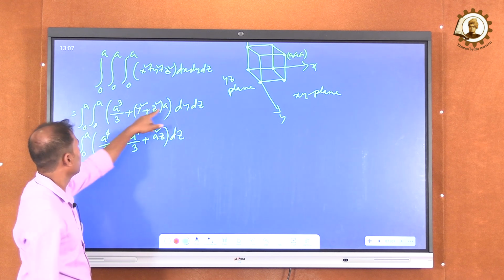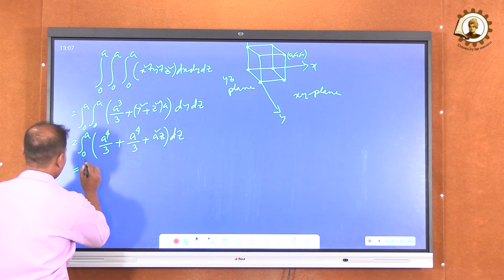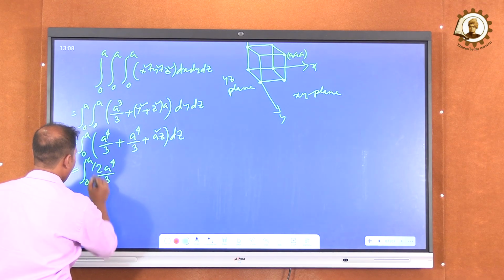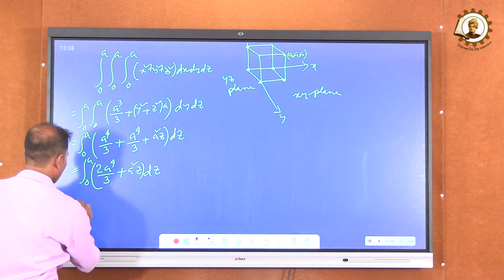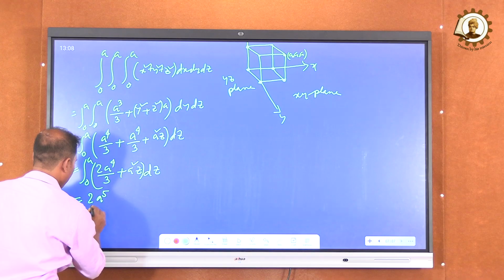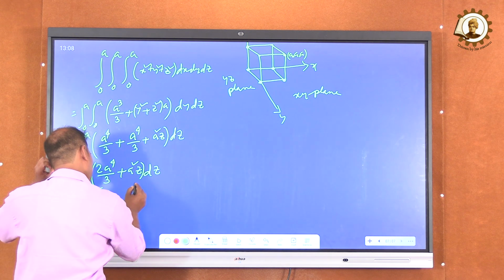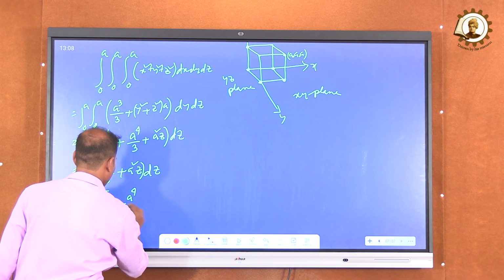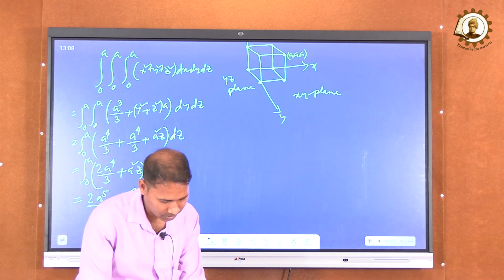So that is 0 to a, 2a to the power 4 by 3 plus a square z dz. Again integrating with respect to z, we get 2a to the power 5 by 3 plus a square times z square by 2, giving a to the power 4 by 2. This is the result.